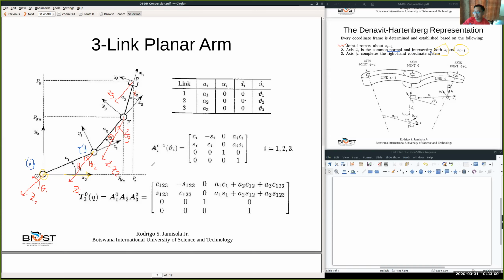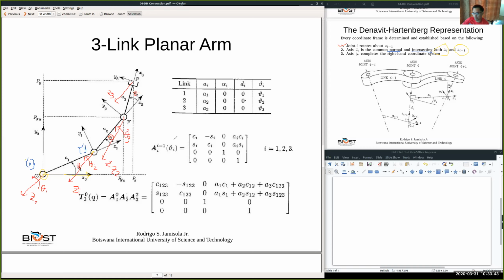For X0, we said it is arbitrarily assigned, and it is a common normal to Z0 and Z1. So now let's go to X1. X1 is normal and intersecting to Z1 and Z0.